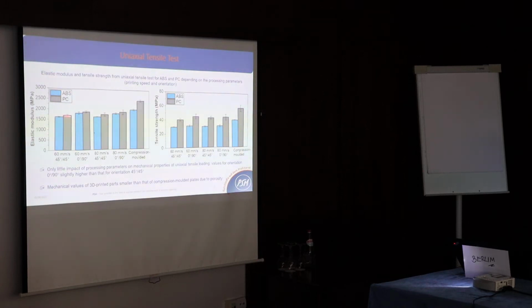Maybe it's a little higher for the 90 degree orientation, but this does not matter. You're using injection moldings as comparison for the same materials. Clearly, due to the porosity, they are a little lower, of course, but in general, it looks fine. But if you finish the investigation here, you cannot say whether it is usable for real application or not. You have to do fracture mechanics measurements, shown in the next slide.